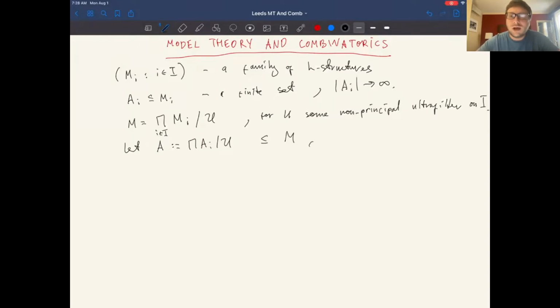Now, what can we say about the behavior of this ultraproduct of finite sets? So this set is now what is typically called a pseudofinite set, an ultraproduct of finite sets.